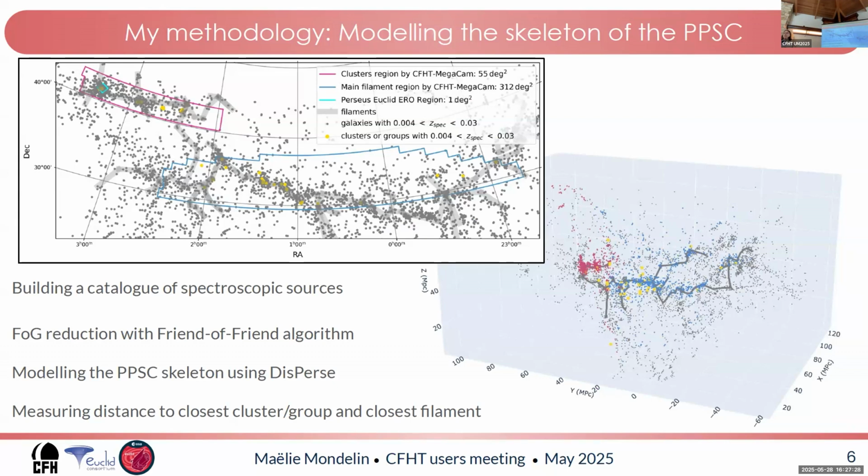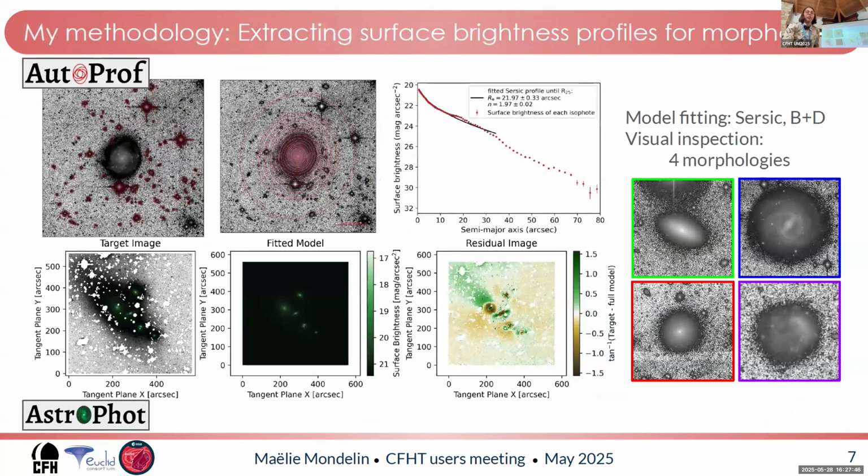After that, I have modeled the skeleton using DisPerSE, an algorithm developed at IAP, in 2D and in 3D. And then for each galaxy, I measured the distance to the closest filament and to the closest cluster.